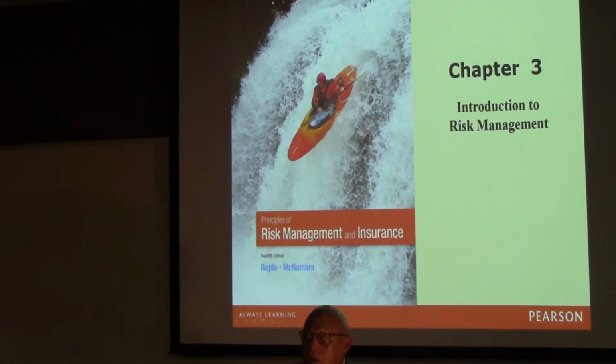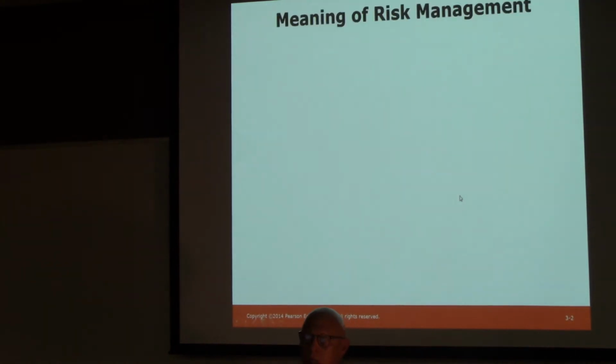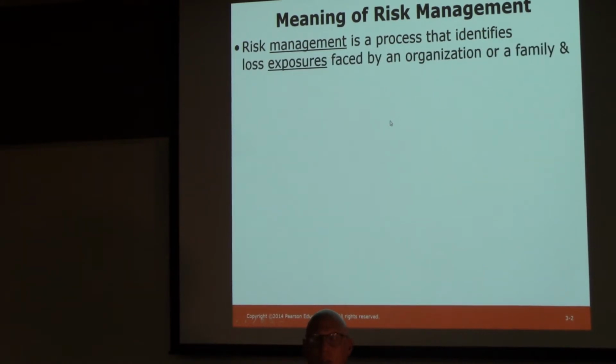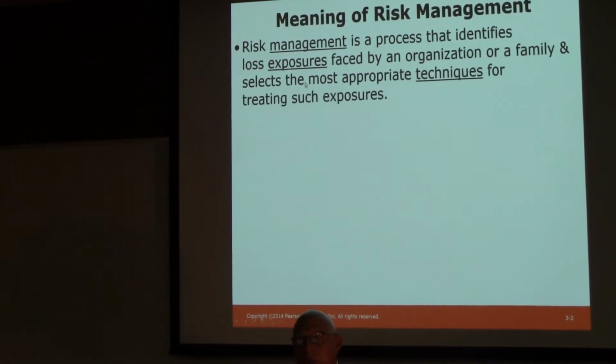So let's get started with Chapter 3 on risk management. Okay? So risk management is a process that identifies loss exposures faced by an organization or by a family, and it selects the most appropriate techniques for treating such exposures.